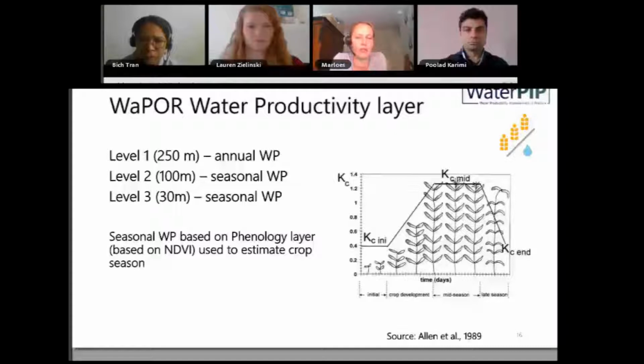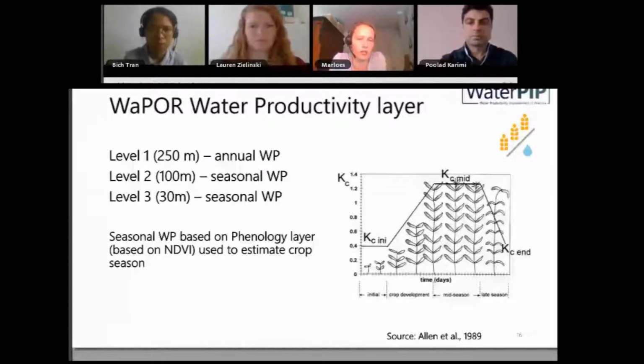It assumes a beginning and the end of the season, and it uses what they call the phenology layer, which is a layer based on the NDVI, the normalized vegetation index, to estimate the crop season. And you see here in this image that during the cropping season there's more biomass, more vegetation growing, and it actually picks up this change in vegetation as an indication of the start of a growing season, and the reduction of this vegetation at the end of the growing season.